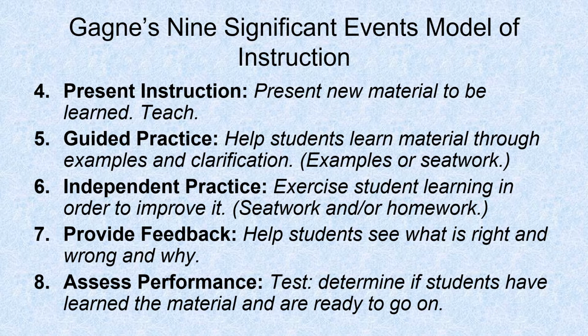Step 6, you've backed off even more, and now the student is working more independently. Now, independent practice can take the form of seat work, where you're not directly right there helping, but you're available, or it could take the form of homework, where the students are working outside of class and you're not there present to help at all at that point.